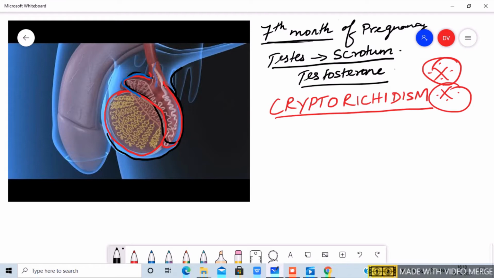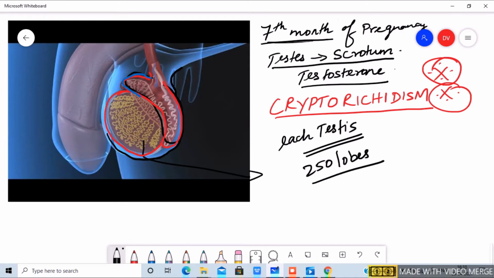Now look at the testes, guys. I told you there is a pair of testes, and each testis has around 250 lobes. What do you mean by lobes? If you take this as the testis, there will be lobes like this, different compartments.